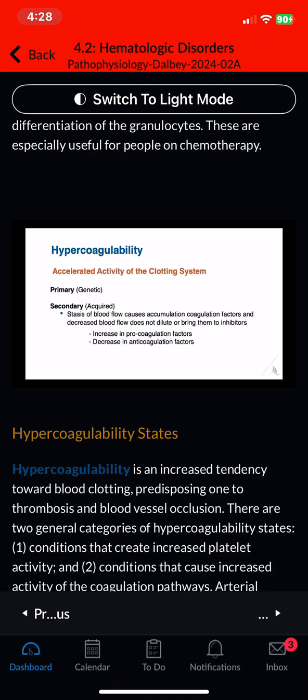Hypercoagulability states can also be from an increase in clotting activity. Here again, it can be primary or genetic in nature, or secondary or acquired. Secondary factors result from either an increase in procoagulation factors or a decrease in the anticoagulation factors.